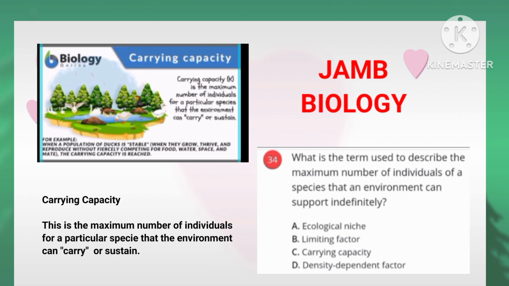Carrying capacity is the maximum number of individuals of a species that an environment can support long term based on the available resources like food, water, shelter, space. It's the balance point where the population's needs match the environment's resources.